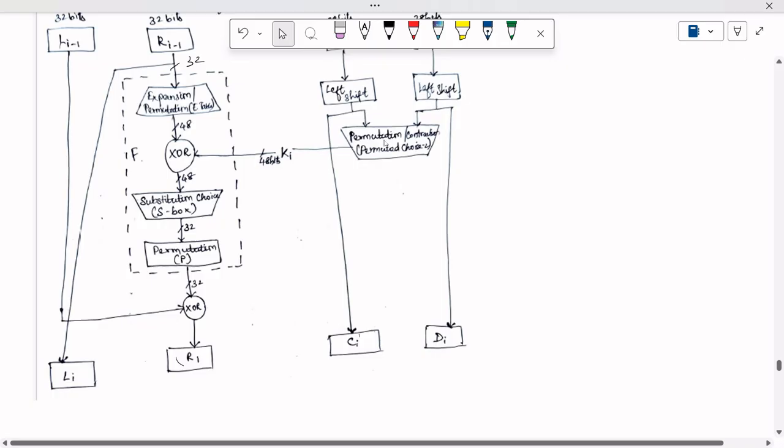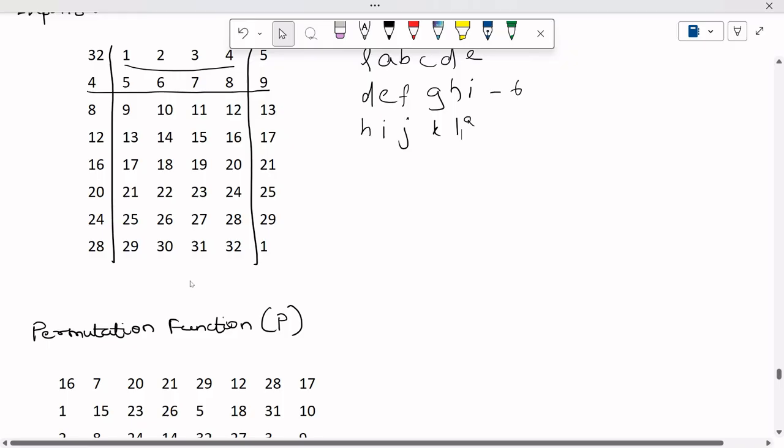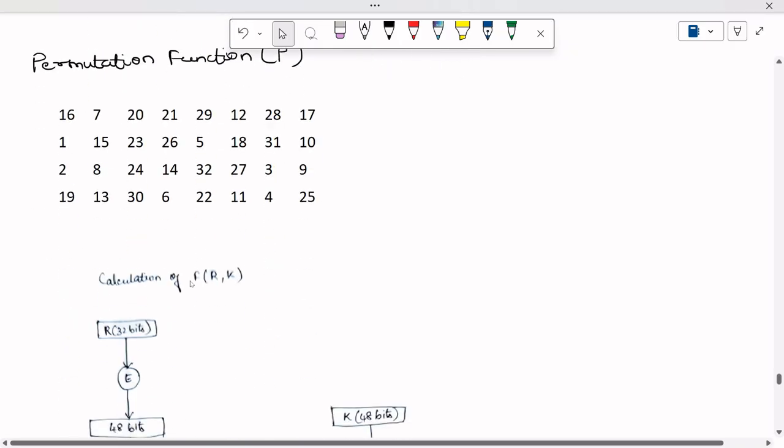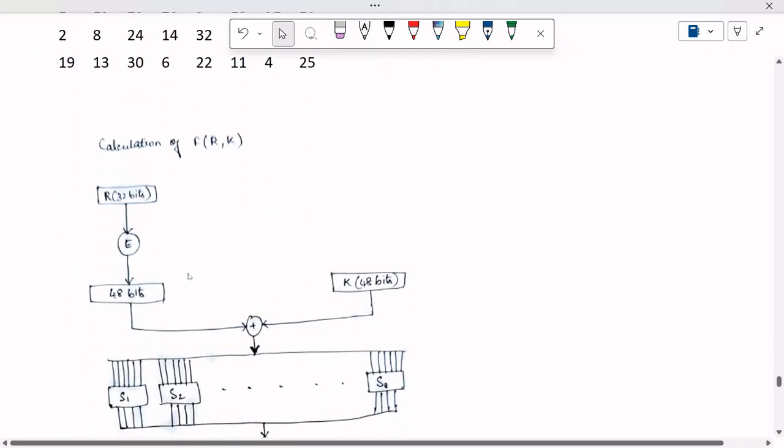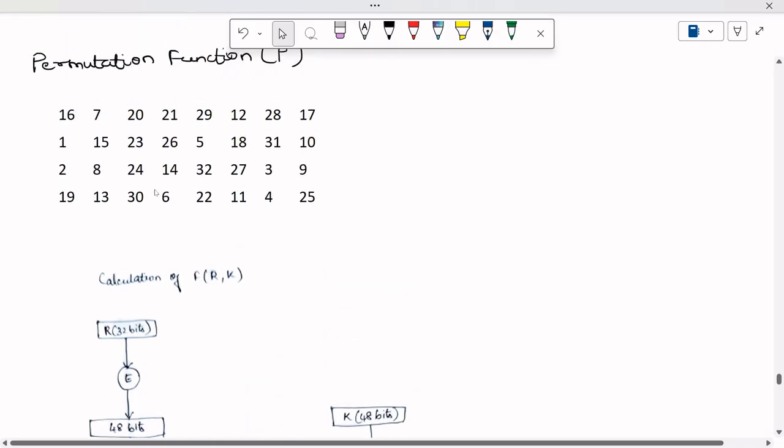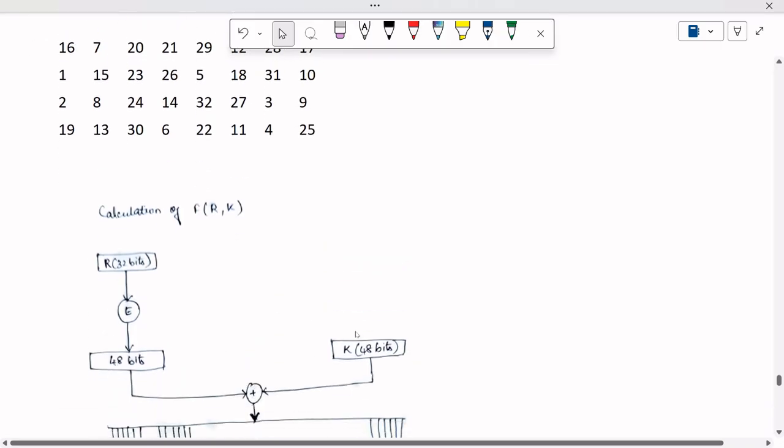Now we have 48 bits from the key, the subkey is there. So we can perform the XOR operation. Now this 48 bits should be reduced to 32 bits. Alright, so here you can see, 48 bits till this point we have done, right? So 32 bits expanded to 48 bits, XORed with the key. So we have 48 bits in hand.